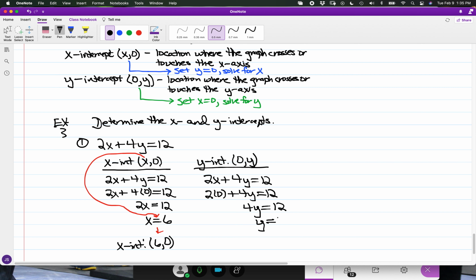With division by 4, y is equal to 3. And so with the value of y determined, the y-intercept 0, y in general is now specified as the point 0, 3.